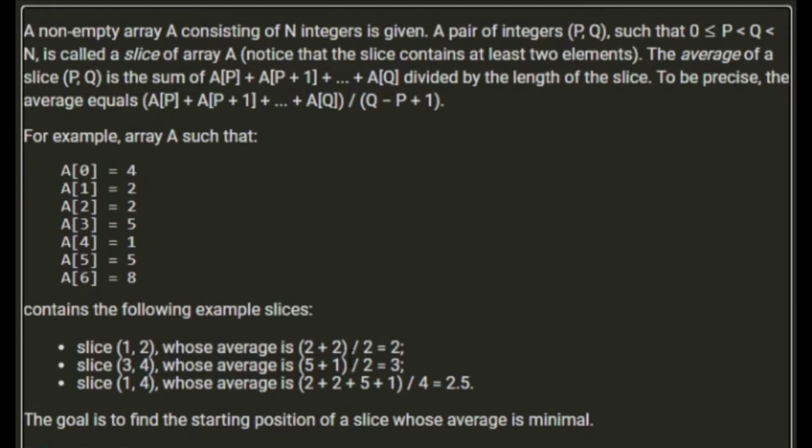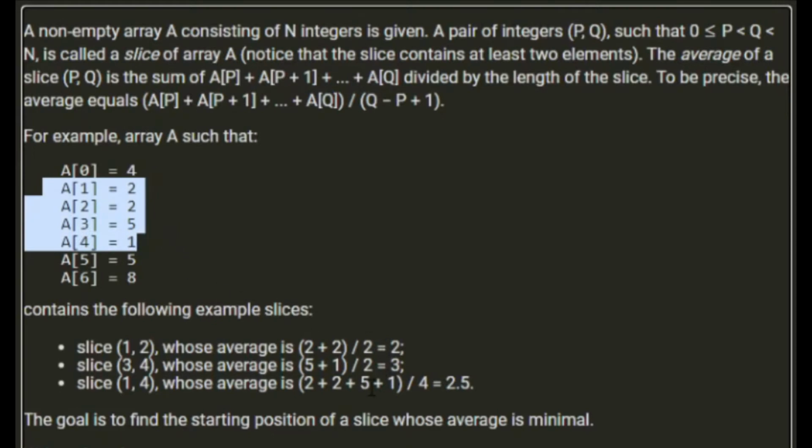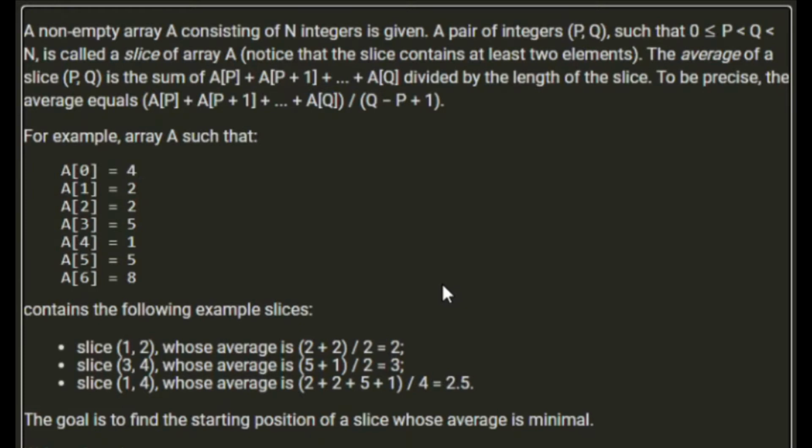Average is 2 plus 2 over 2 equals 2. Slice 3, 4 is 5 plus 1 over 2 equals 3, so 6 over 2 equals 3. And slice 1, 4 is 2, 2, 5 and 1, which is 10, divided by 4 is 2.5.